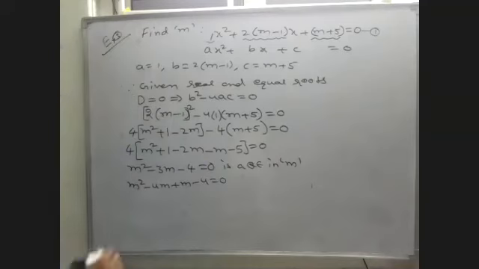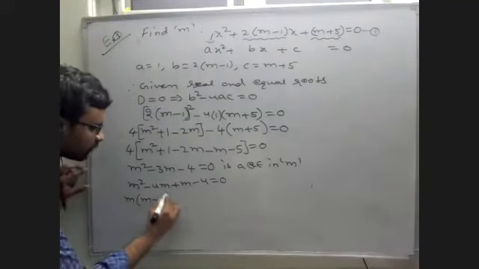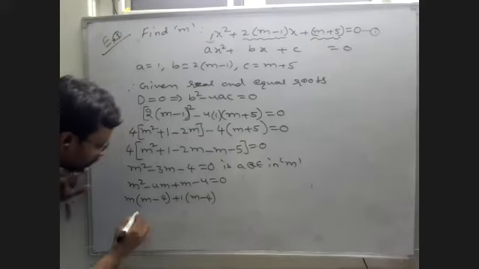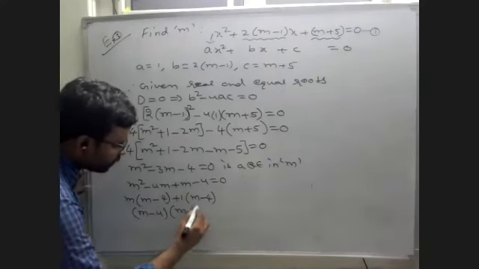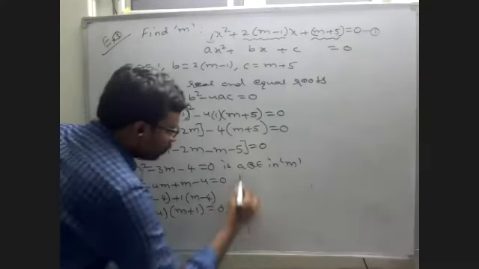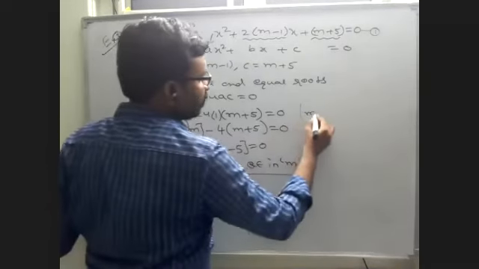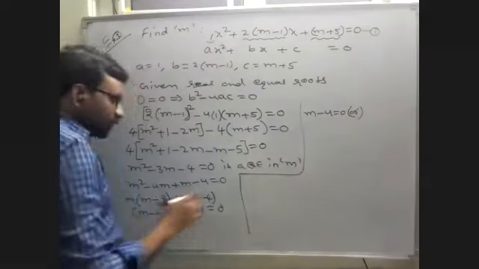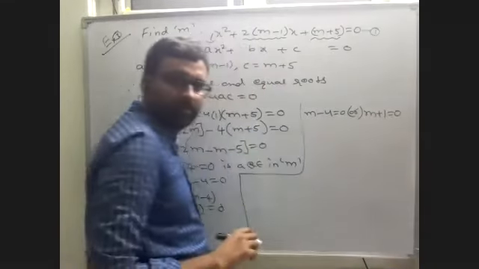Now taking m from the first two terms, you will get m minus 4. From these two plus 1 common, m minus 4. Now taking m minus 4 common, and remaining m plus 1 is equal to 0. Now write separately, that is m minus 4 equal to 0, zero product rule, or m plus 1 equal to 0.